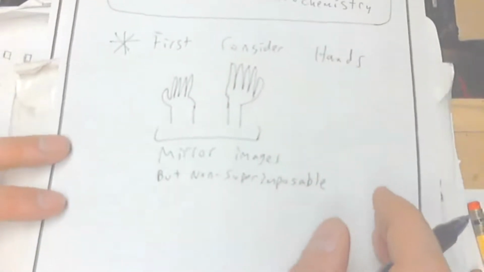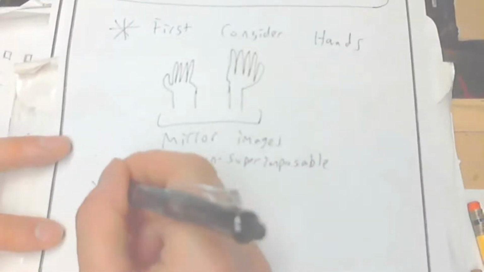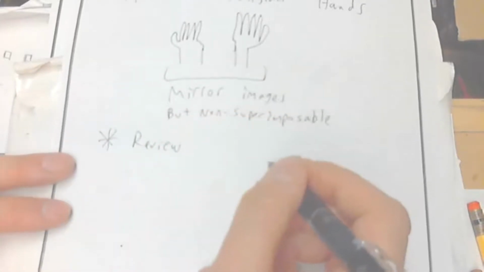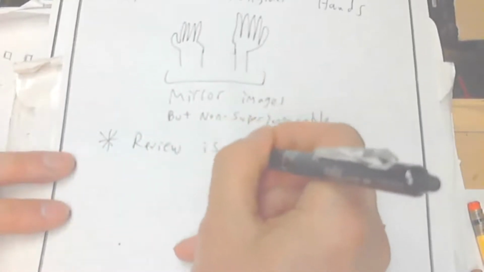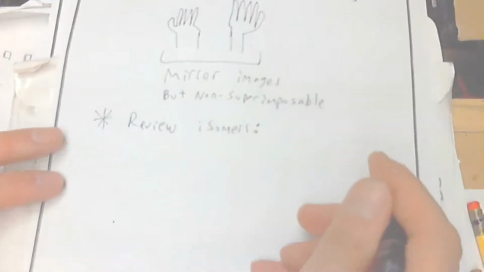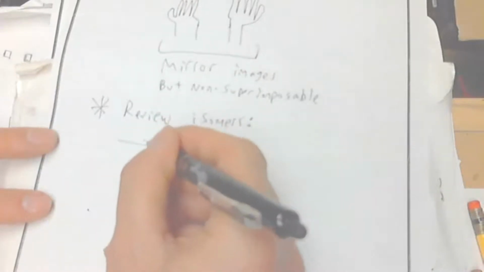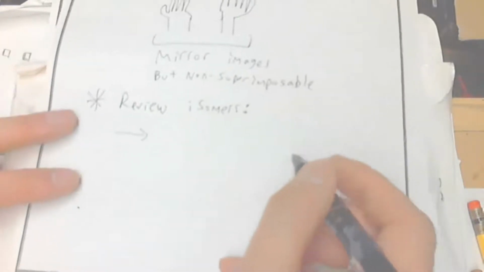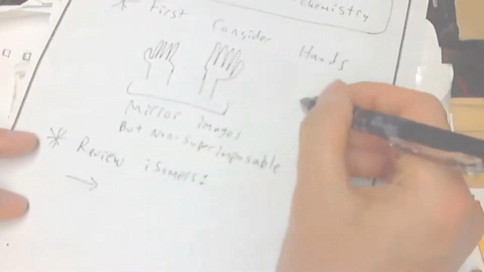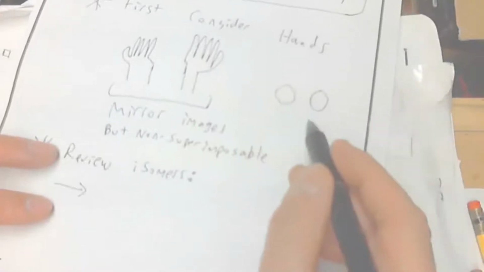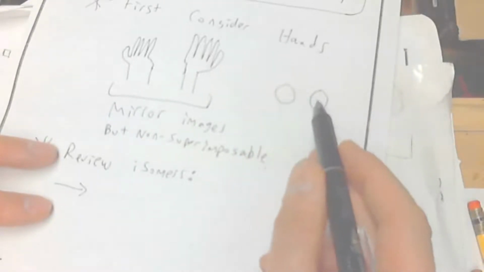All right, cool. Let's also review isomers. Remember isomers? What are our different kinds of isomers? What's the one we've been talking about recently in chapter 4? Somebody said circles. Circles would be superimposable mirror images. Somebody said in the chat, if I draw a circle and a mirror image of that circle, those would be superimposable mirror images.